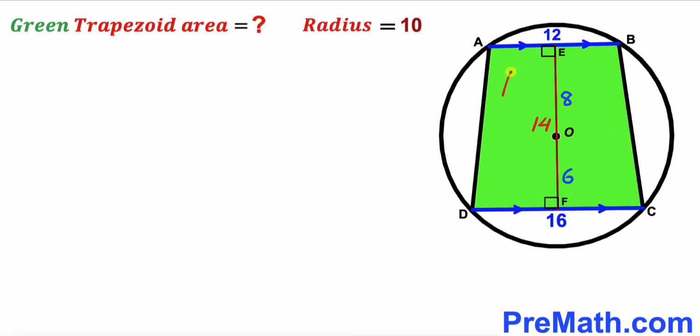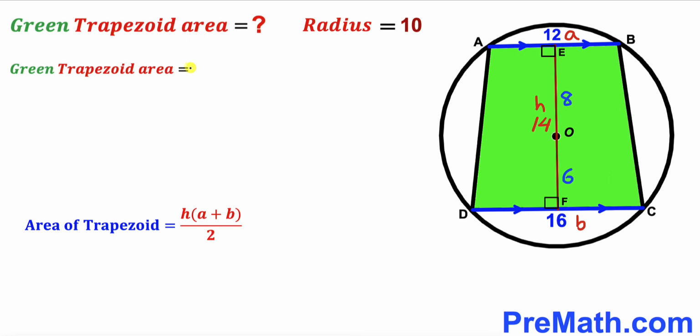Now we are going to calculate the area of this green shaded trapezoid ABCD. Let's recall once again the area formula: area equals height h times a plus b, all over 2. In our case, a is 12, b is 16, and height h is 14.